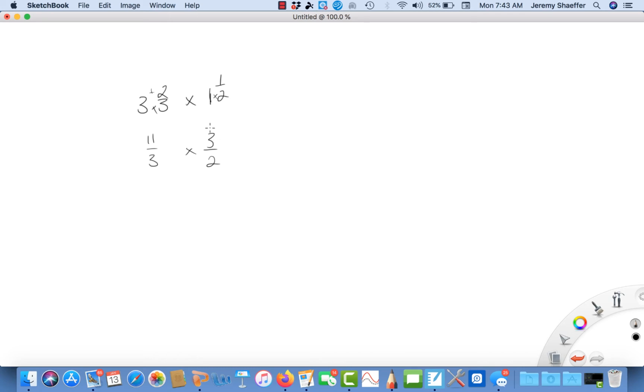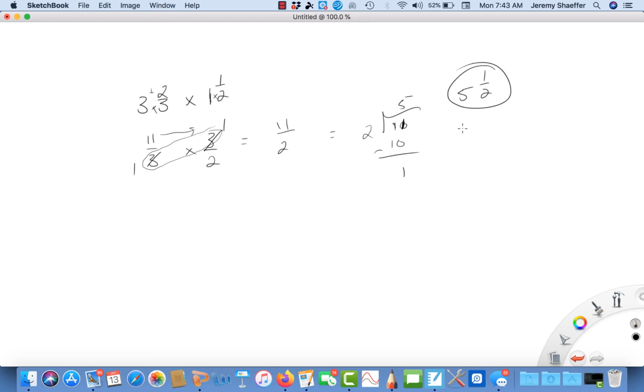Well, note this relationship right here, these 3's, we can cancel out and they can turn to 1's, which means that if we multiply across, 11 times 1 is 11, 1 times 2 is 2, and then we can do our simple division. All right, so we're left with 5 and 1/2 as our answer.